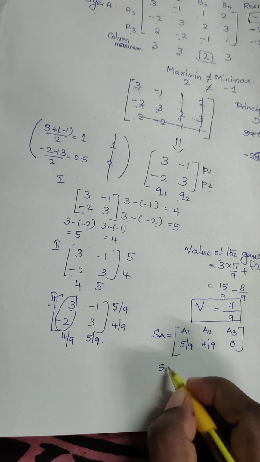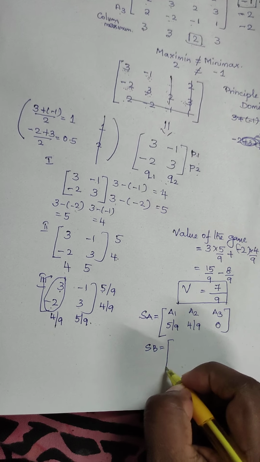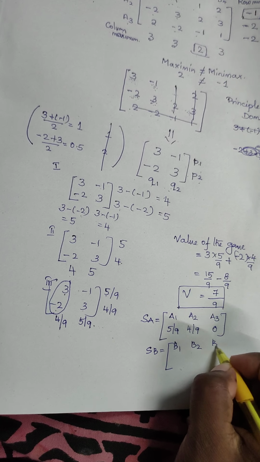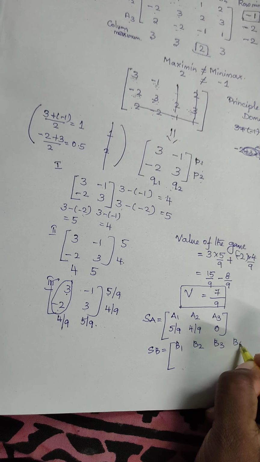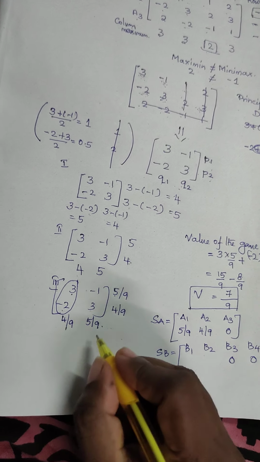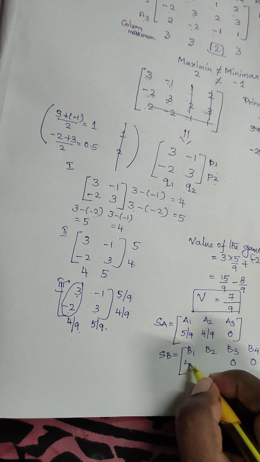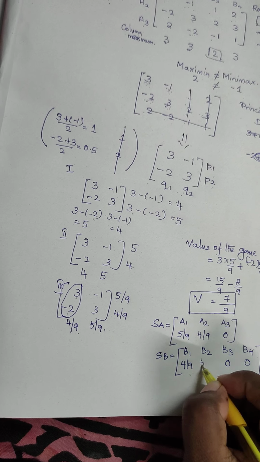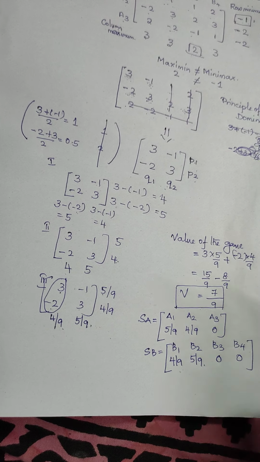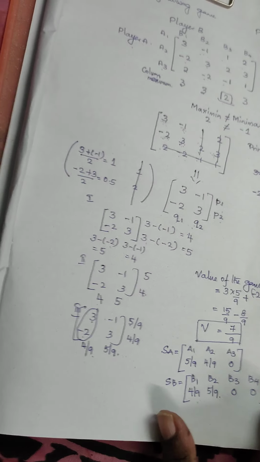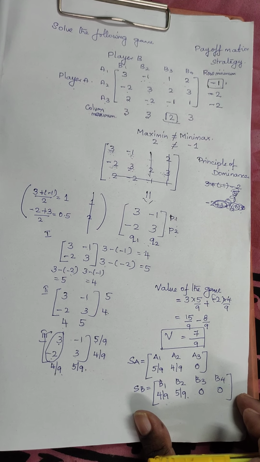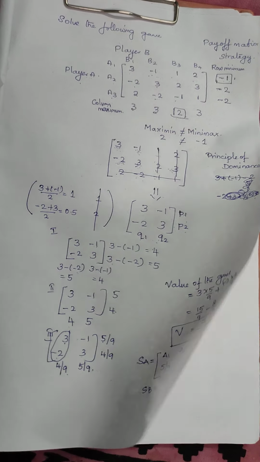And for strategy B, you have B1, B2, B3 and B4. These two have been cut off, so it is 0. The other two are here: 4 by 9, 5 by 9. So this is my solution for this particular problem. My game is done. All the best.